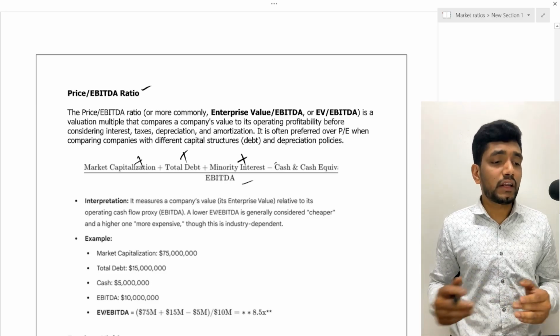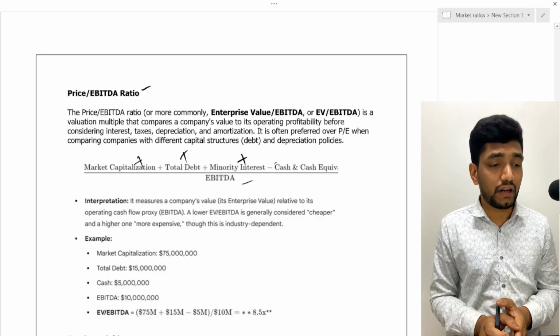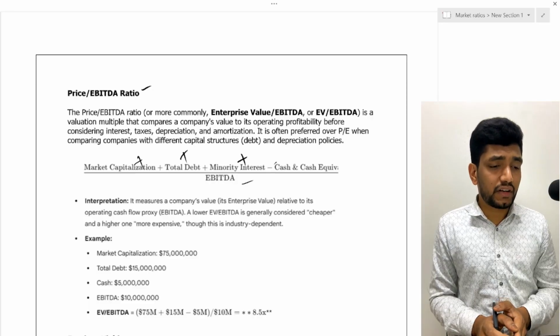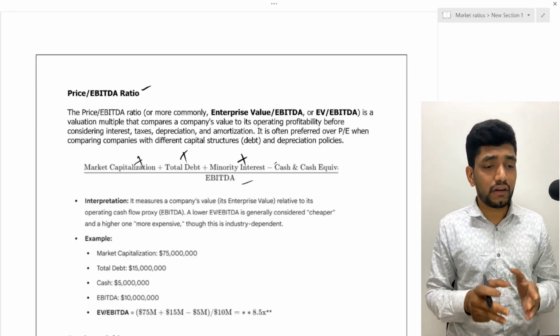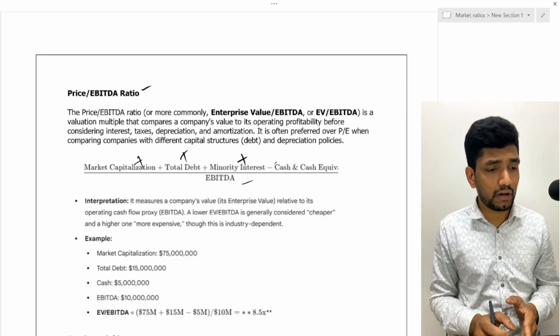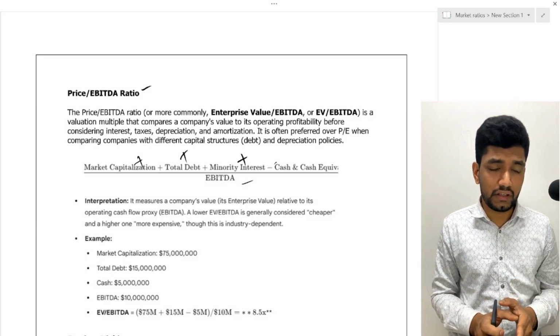The interpretation: it measures the company's value, or its enterprise value, relative to its operating cash flow or EBITDA. A lower ratio is generally considered cheaper and a higher one more expensive. Again, it is industry dependent.